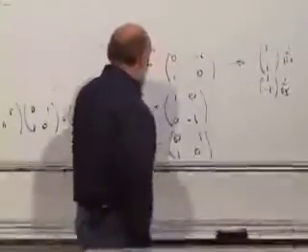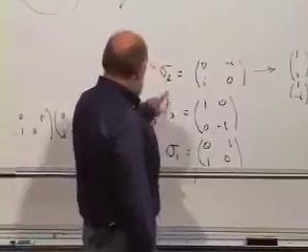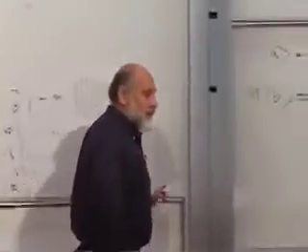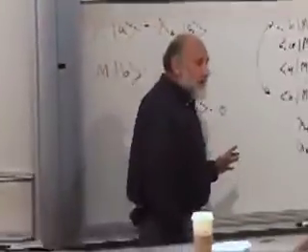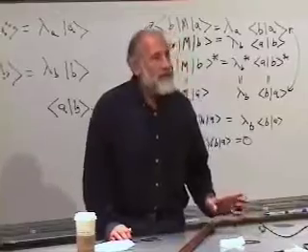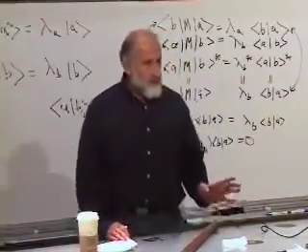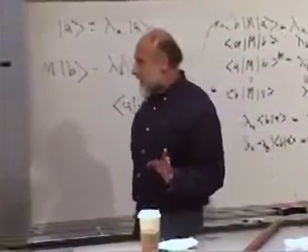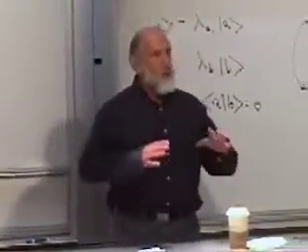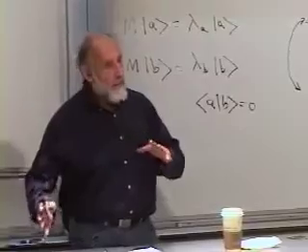Now that's a little hard to think about, but let me tell you right now what sigma 1, sigma 2, and sigma 3 are: they represent the observable values of the components of the electron spin along the three axes of ordinary space. I'll show you how that works and how we can construct the component along any direction in a moment.